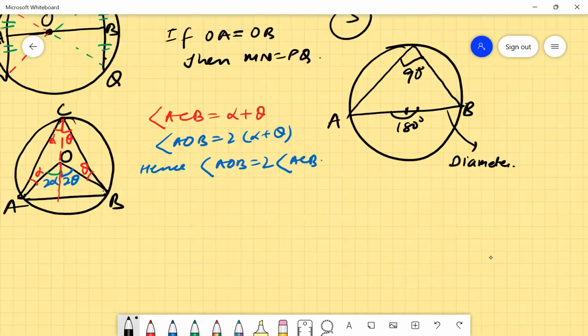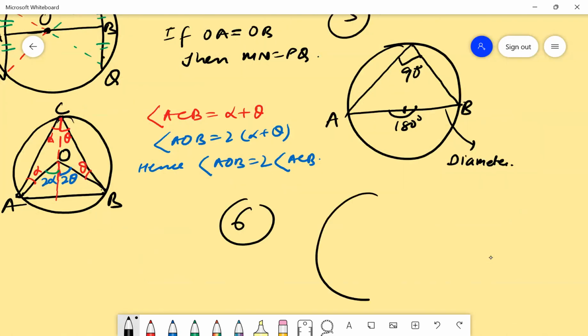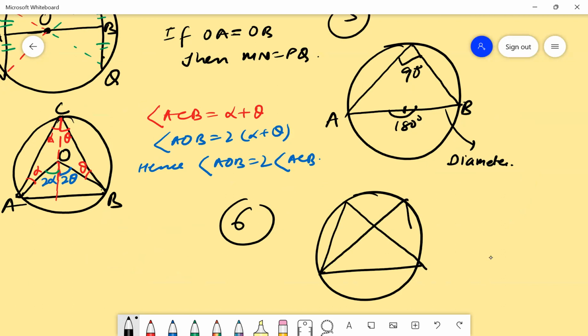Now you can also prove angles made in the same segment are equal. Theta, theta. Why? See, the chord is unique. Now this AB chord will make angle 2 theta at the center, right?